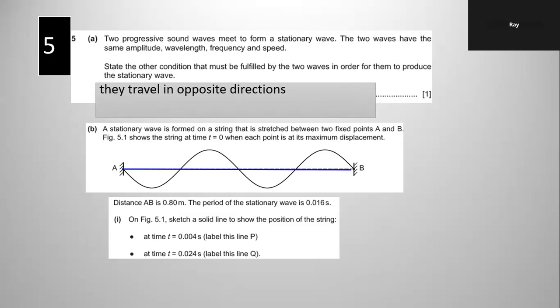Period of the stationary wave is 0.016 seconds. On figure 5.1, sketch a line to show the position of the string when t equals 0.04 seconds. Label this line P.